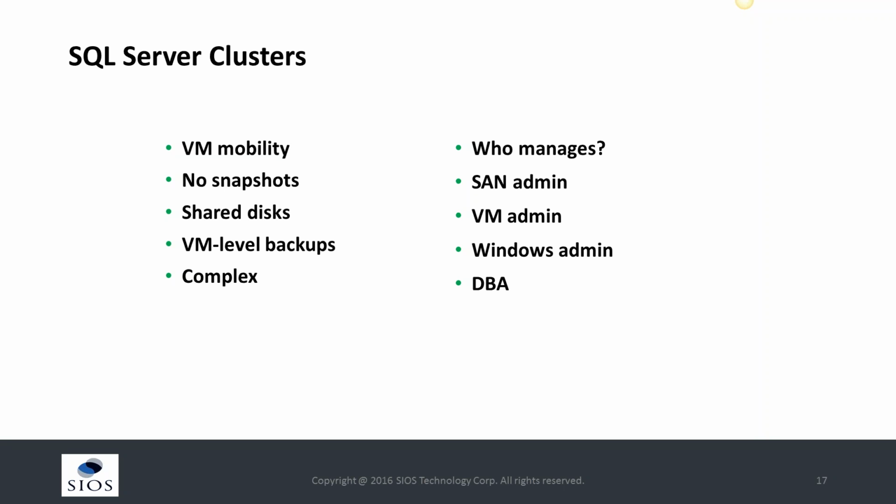The shared disk configuration and limiting the VM mobility on older versions of the hypervisors in some configurations is a non-starter. The Windows admin handles all the Windows Server failover clustering stuff, which is no small feat in itself. And sometimes the DBA will handle this, but usually the DBA doesn't have access to Active Directory to help with some of the initial install issues involved with the AD permissions and group policy conflicts.